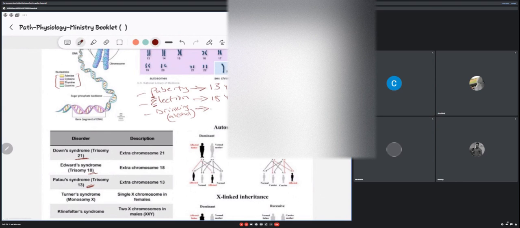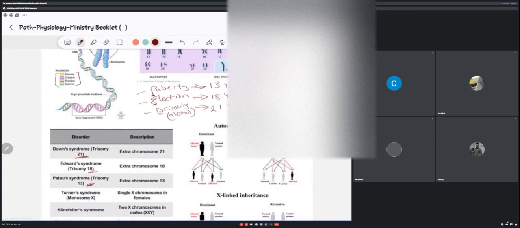So drinking is for 21. That's what we used to remember. P is Patau 13, E is election, that's Edwards syndrome, 18, and then D, which is Down, is 21. All right. So these are the 3 common ones.